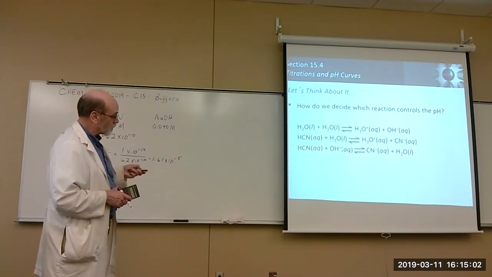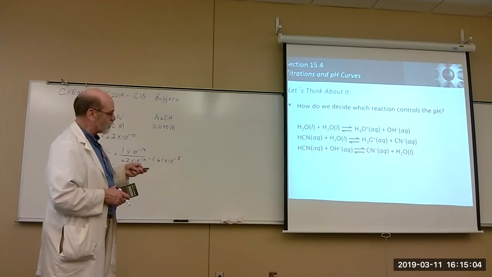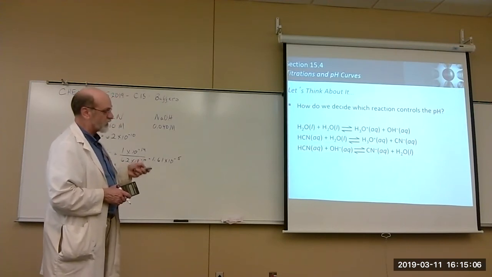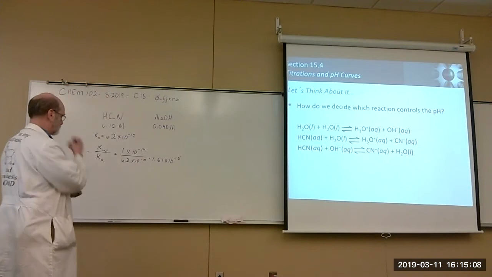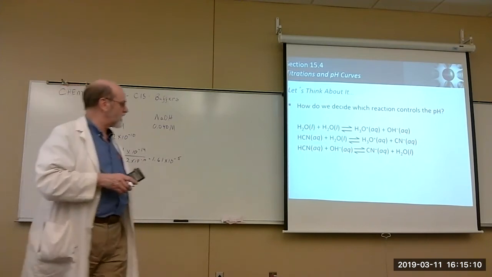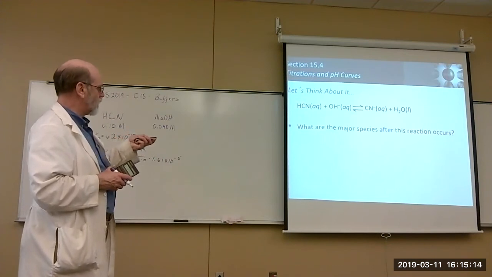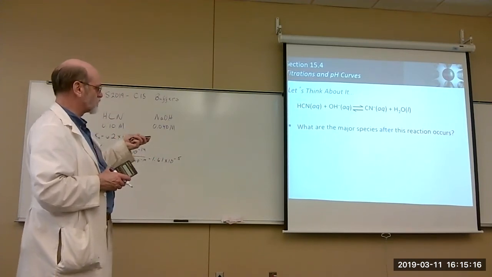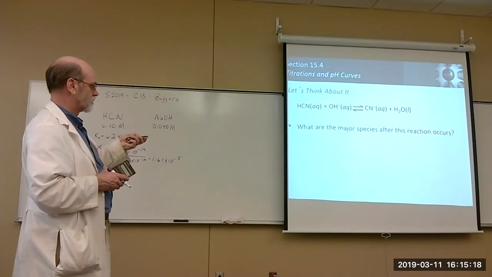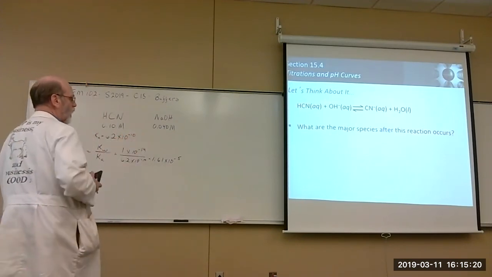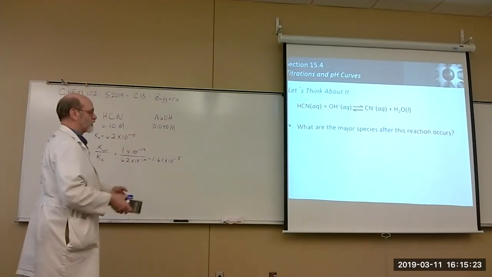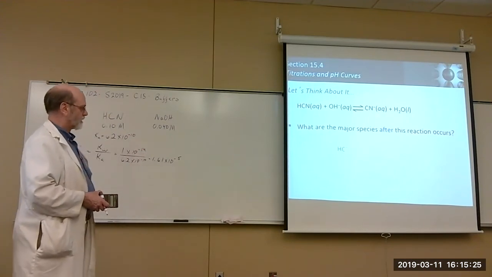Why? Because it's going to produce more on its product side than either one of these is going to produce. So that's why the next slide operates on this equation only. This is the controlling reaction. So what are the major species after the reaction occurs?